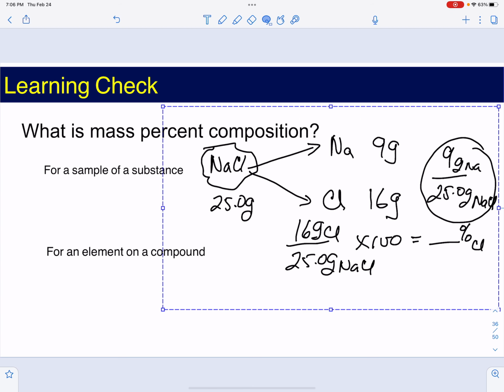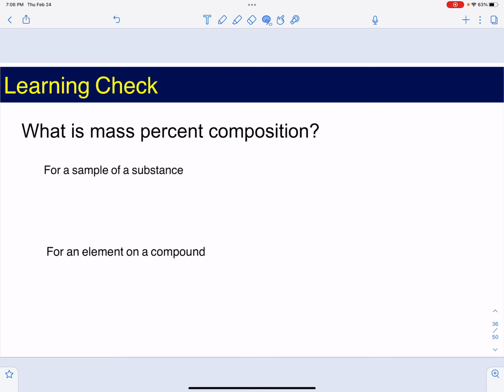How do we do percentage for an element in a compound? And we have done this before. We did this when we talked about constant composition back in chapter 5.